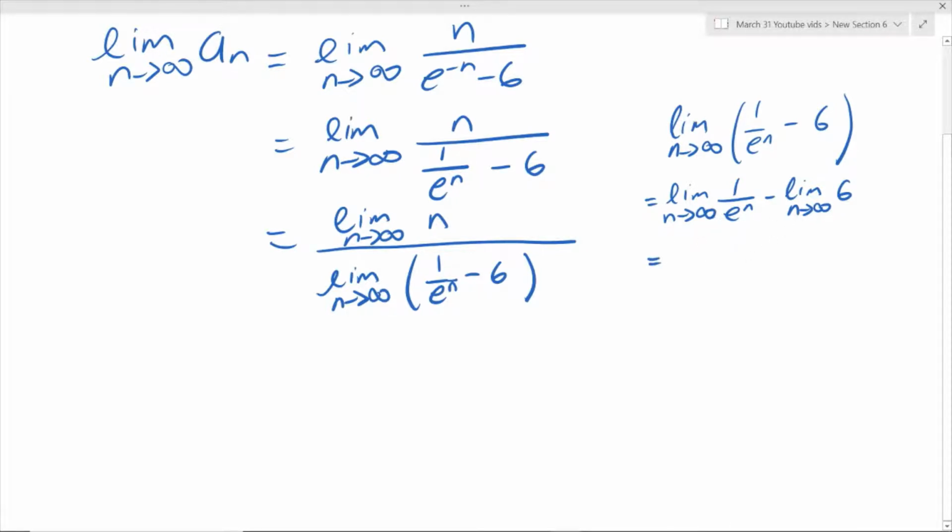And then we can see, okay, well, if n goes to infinity and e to exponent n, we know the graph of e to exponent n looks something like this, right? So as x increases, e to exponent x also increases, and it keeps going. So it goes to infinity.